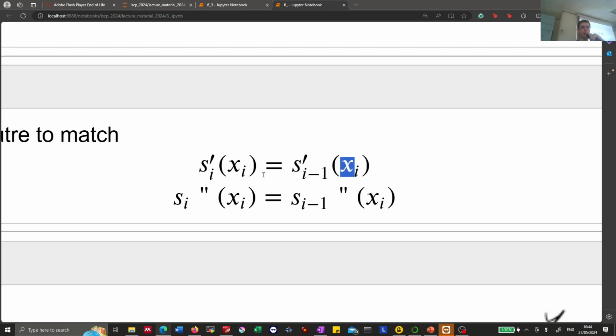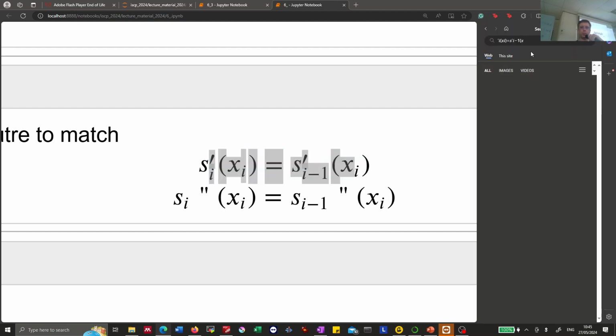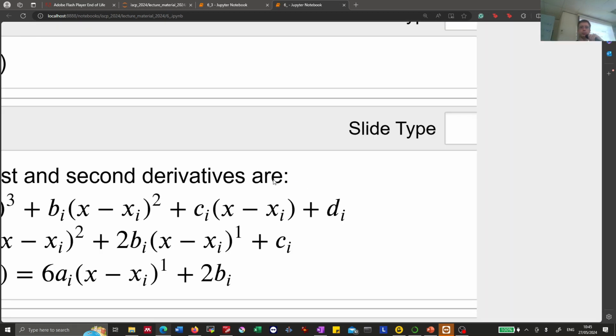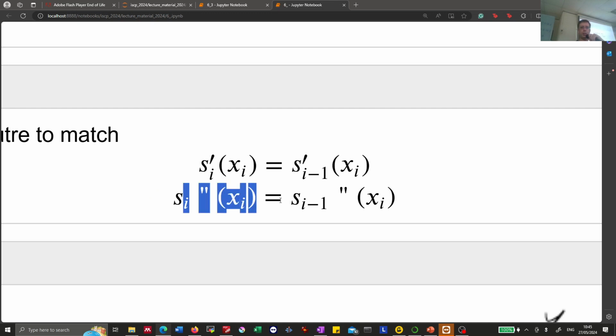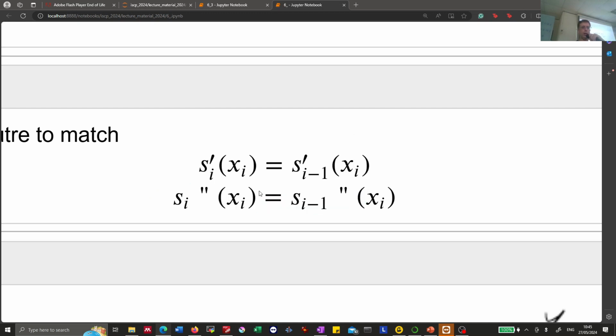I also could write here that S_i at x_{i+1} equals S_{i+1} at x_{i+1}. But in this definition, I just have one less to write. We know this. And I demand the same for the curvature. Now, very careful, the x_i here refers to the piecewise defined interval boundary. So for every boundary, I can select this point connecting two intervals.